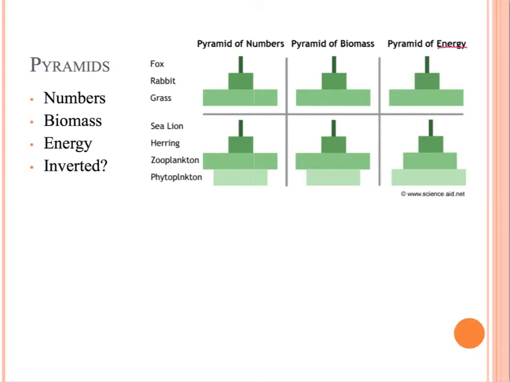The ones for energy are always going to be pyramidal. They're always going to have a wide base, and they're always going to narrow up to the top. For the numbers and the biomass, you're not necessarily always going to see this because of some peculiarities of the way that the different organisms function and feed.